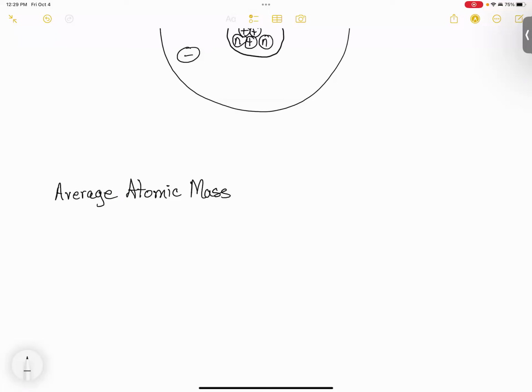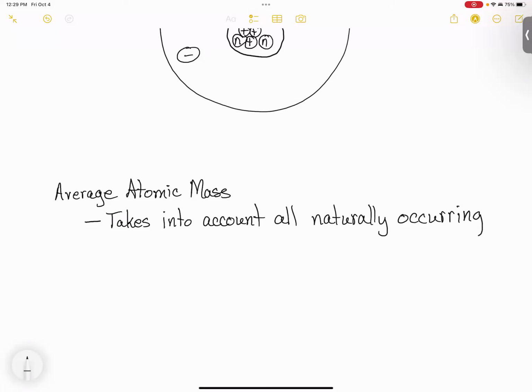The average atomic mass takes into account all naturally occurring isotopes of an element and their abundance.